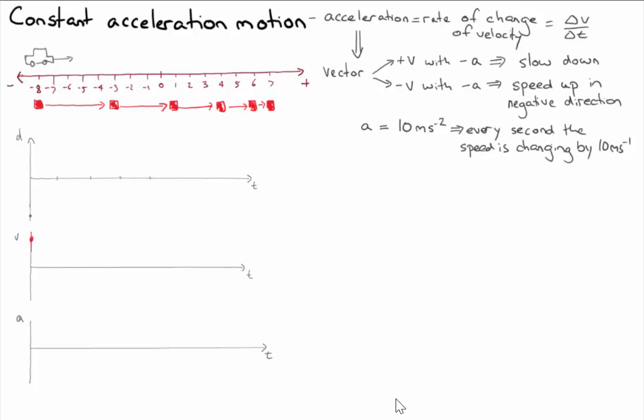All right, so let's plot the displacement of that cart as a function of time. There we go, over time, it's moving a little bit less distance. So that is our displacement versus time. What is our velocity doing as a function of time? Well, it's getting less, isn't it?